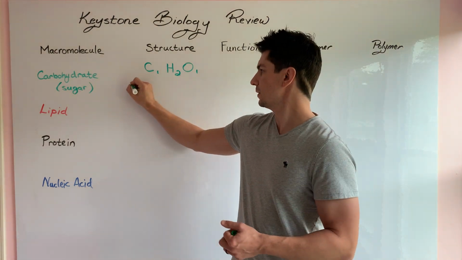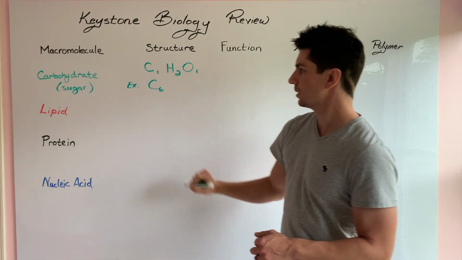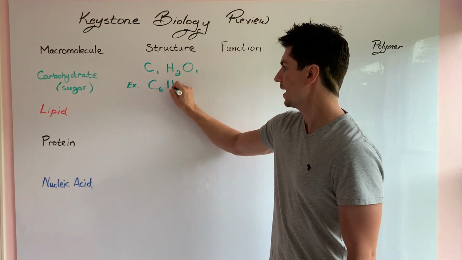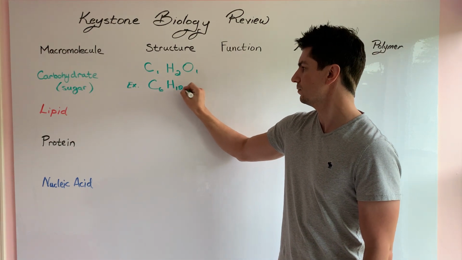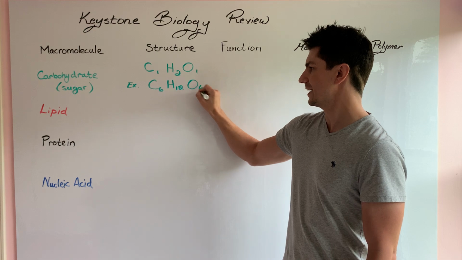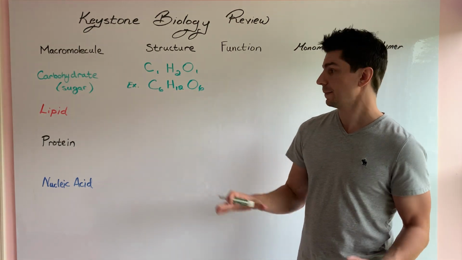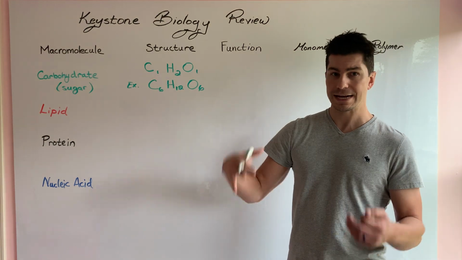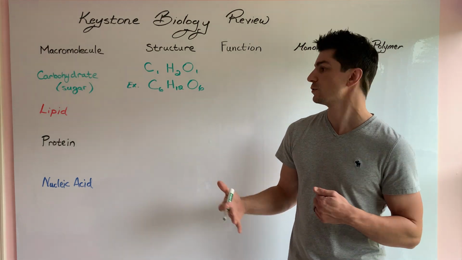So I can give you an example of this, where we have C6, okay? So if I have 6 carbons, my hydrogen is going to be 2 times that number, which is going to be 12. And then my O is just going to be that same number as our carbon, which is 6, okay? And that's pretty much it for the structure. Anytime you see the 1 to 2 to 1 ratio, it's always going to be a carbohydrate.